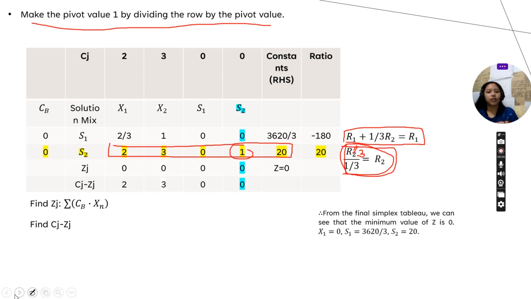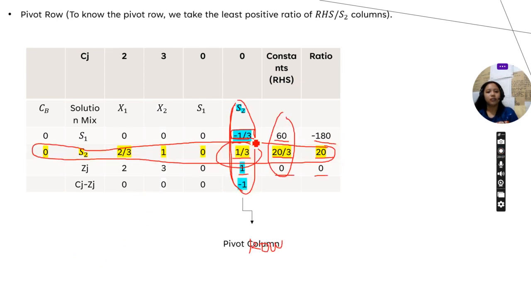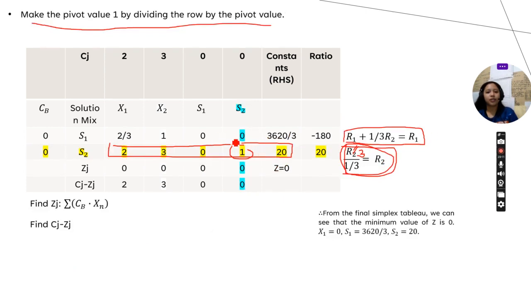So negative 1/3 plus 1/3 is already a 0. So let's apply this formula to these values. So we get 2/3, 1, 0, 0, 3, 620 over 3.